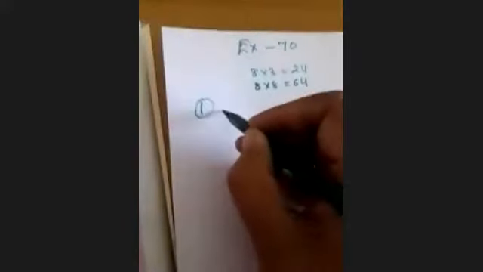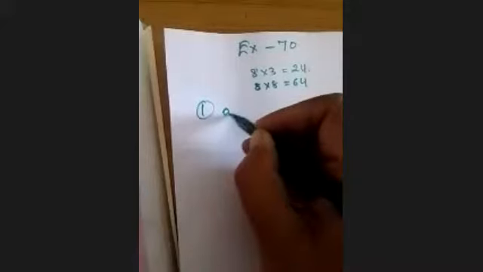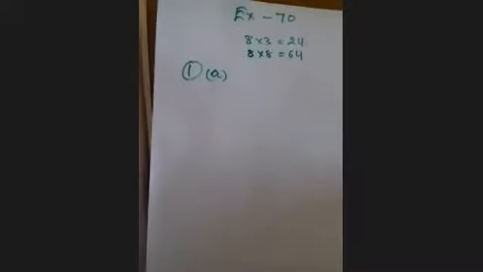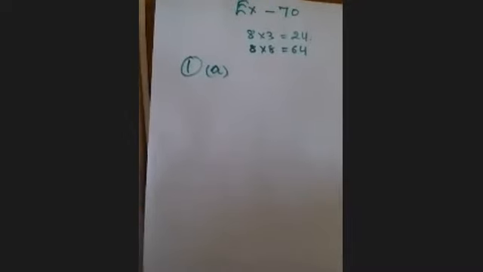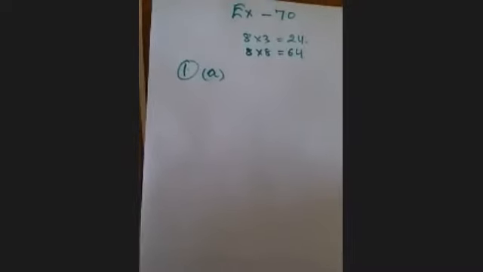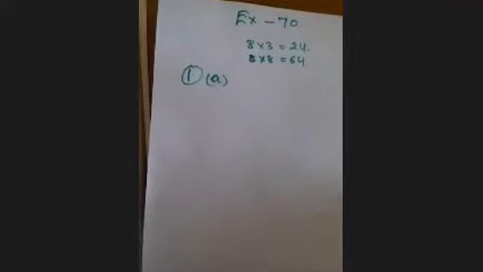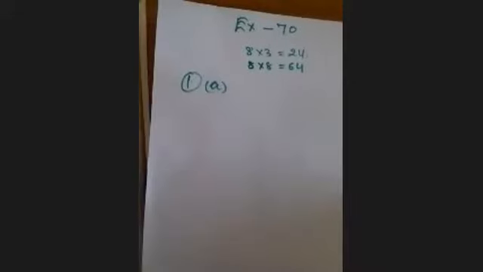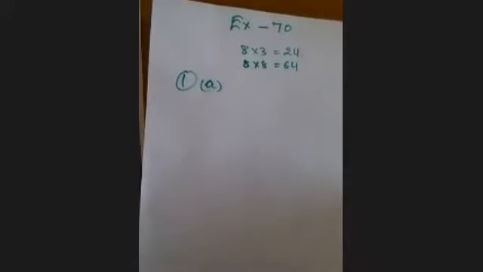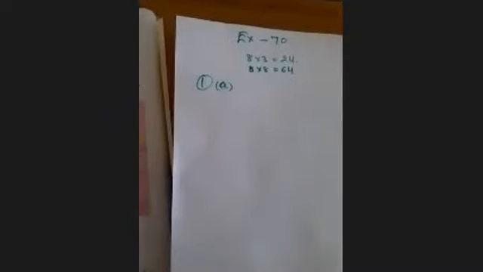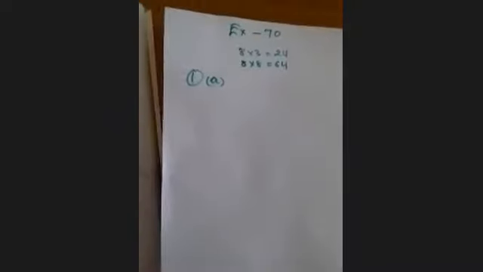Now your first question, part A. How many bulbs were sold on Thursday? Then how many more bulbs were sold on Thursday than on Monday?